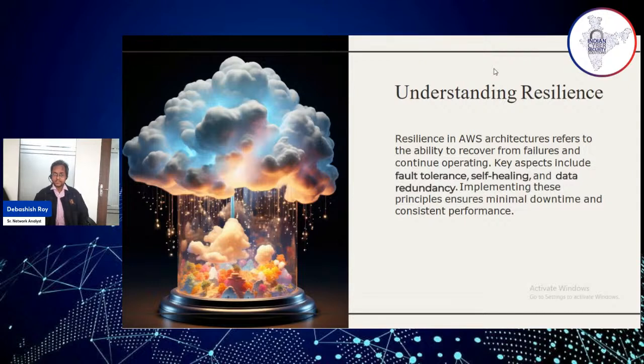We'll understand resilience. What does resilience mean? Resilience in AWS architecture refers to the ability to recover from failures and continue operating. The key aspects are fault tolerance, like backup. For example, if a server has no RAID configuration, there is only one hard disk, and if that hard disk fails, the entire data is lost.